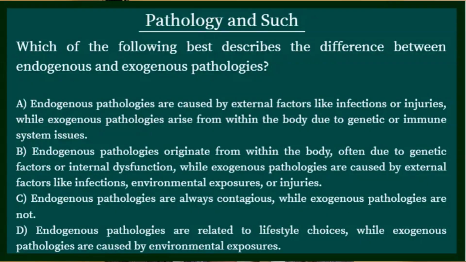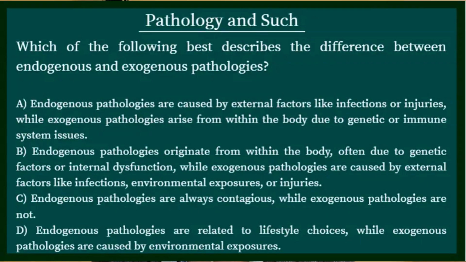Endogenous means inside origin. Exogenous means outside origin. And with that information, we can go through the choices that we have written for our multiple choice and pick out the best possible answer. So let's go one by one.